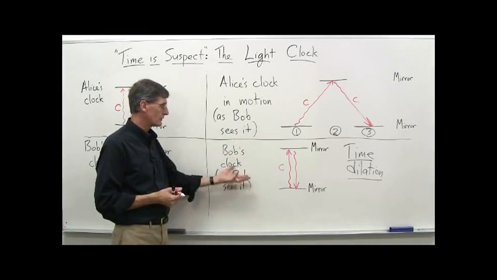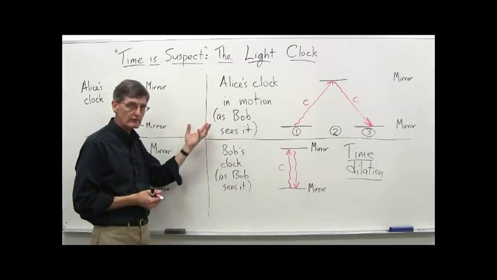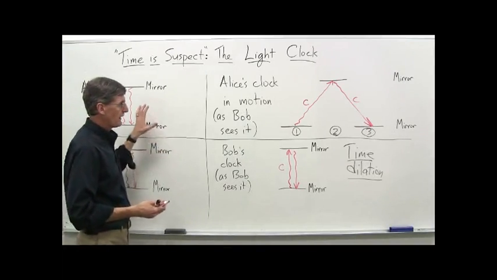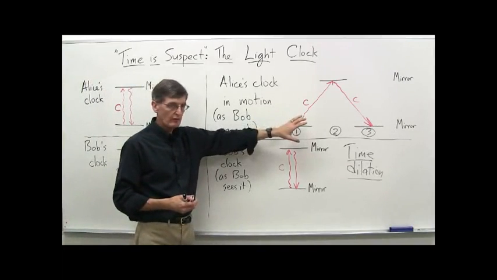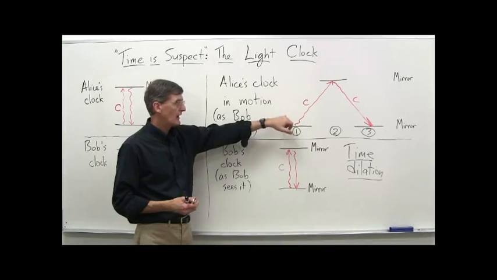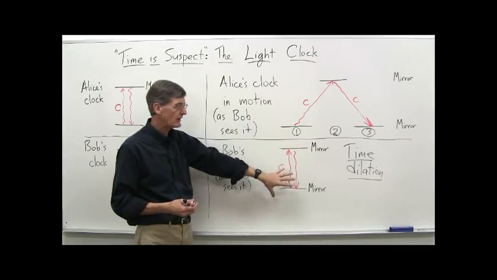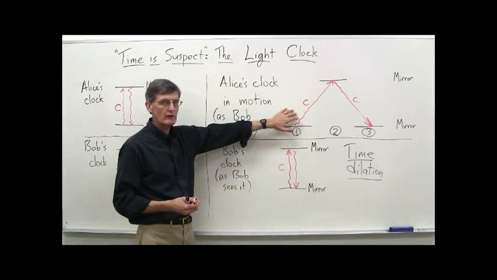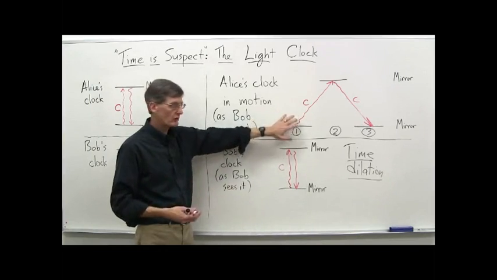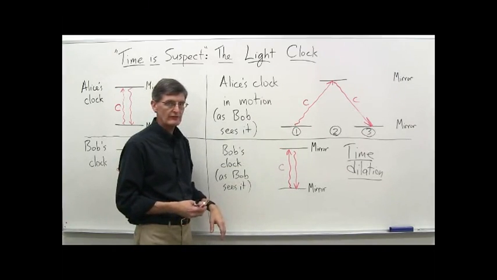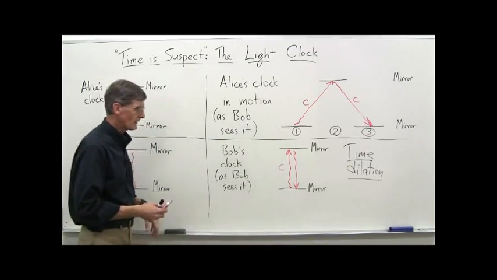So again, we have Bob's clock and Alice's clock, identical clocks. When they're at rest, they're synchronized, so they run just fine. Put Alice's clock in motion, though, and Bob's clock ticks away nicely, while Alice's clock, from Bob's perspective, is ticking more slowly than his. Her moving clock runs slow compared to his clock. That's known as time dilation.